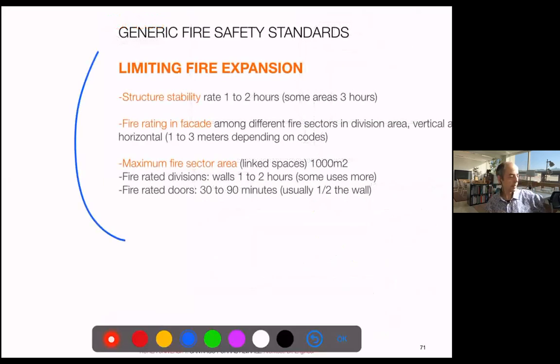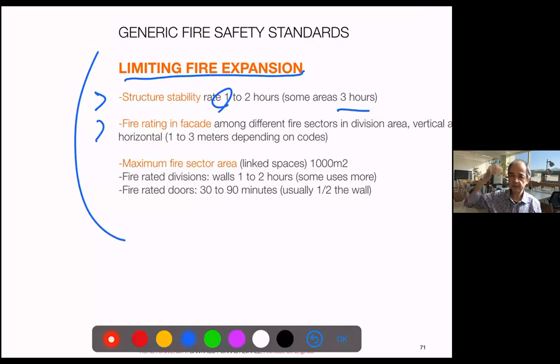The other thing, apart from the escape, we are almost finished, is limiting the fire expansion. So you give stability to structure. Minimum is 1 hour, can be as much as 3 hours. Fire rating of facade. Remember that we have many disasters in which the fire went through the facade.